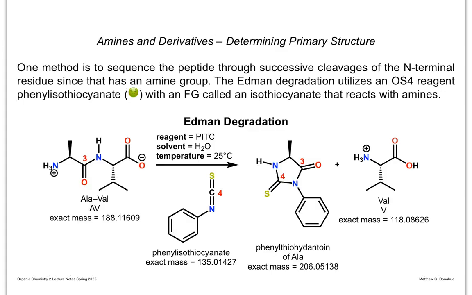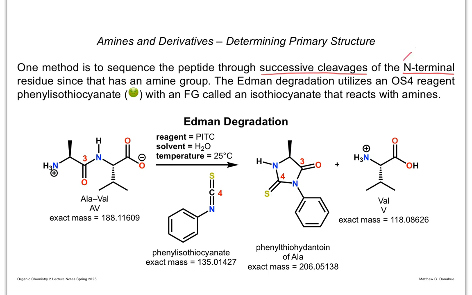Again, we're trying to figure out what is the sequence. We'll run through some chemical methods of doing that, and then some enzymatic methods. Some of the first chemical methods that were developed sequence the chain through successive cleavages, starting from the N terminal.